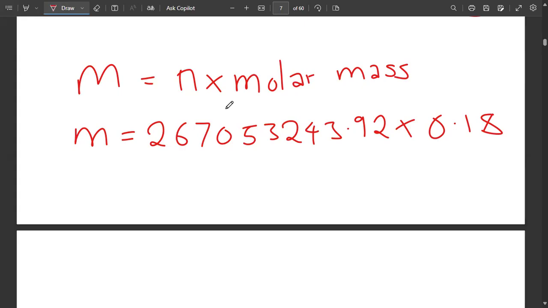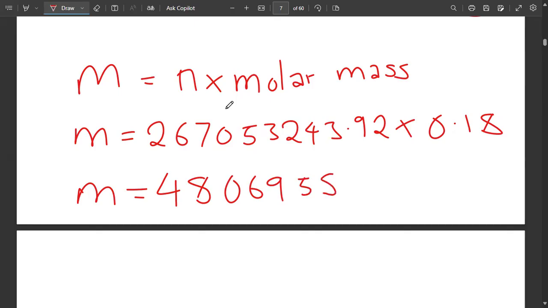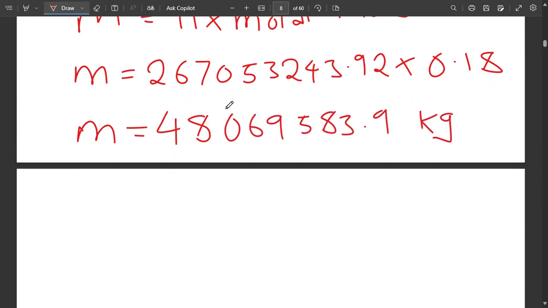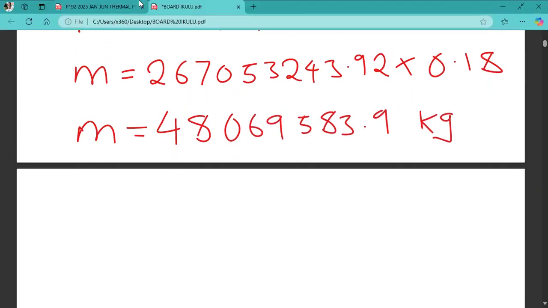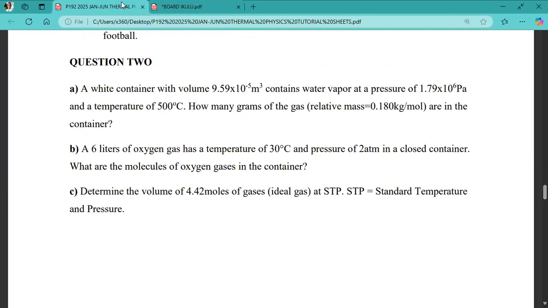Then I'm getting an answer which is equal to mass being equal to 48,069,583.9 kilograms. So these are the kilograms, but the question asked us to find the answer in what?